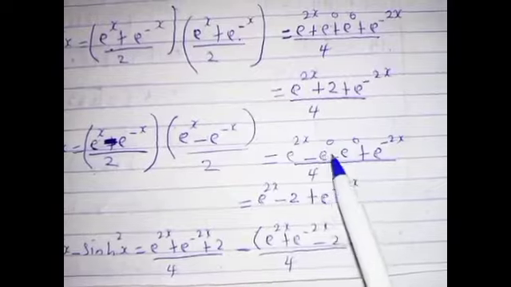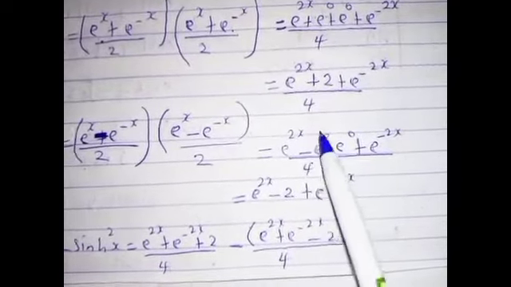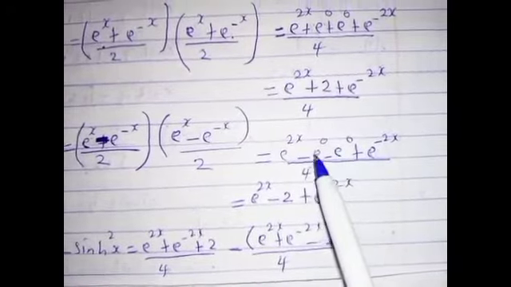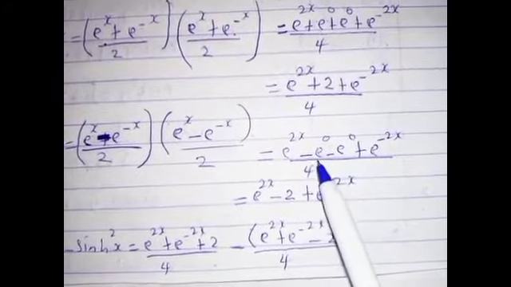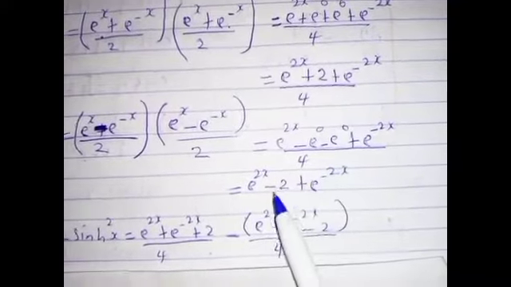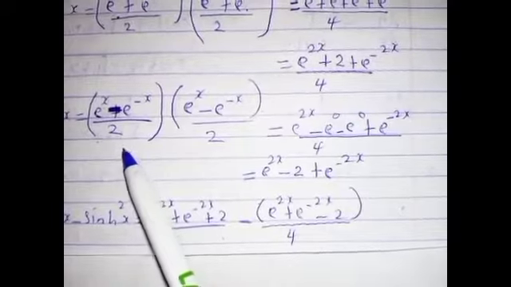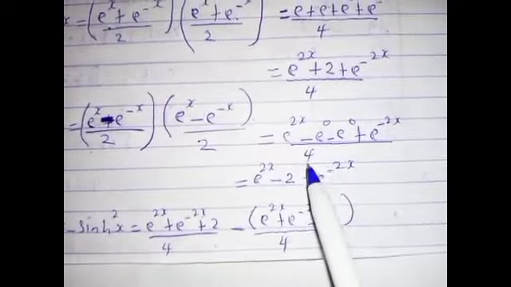Now, from the laws of indices, any number to the power 0 is 1. So here we will have 1 minus 1 minus 1, which will give us minus 2. Then the denominator is 2 times 2, which will give us 4.